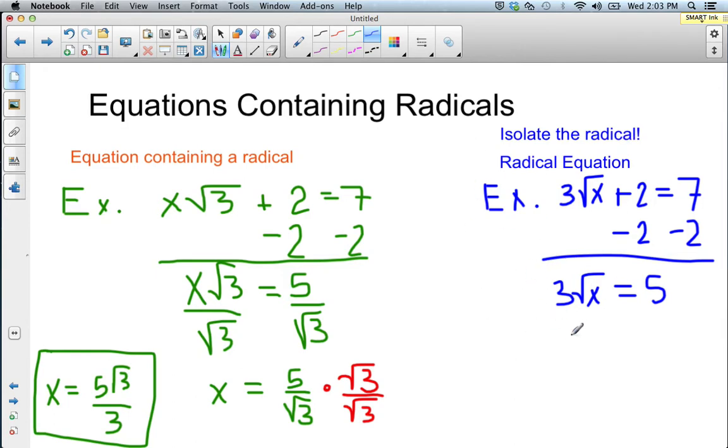You can go one step further and isolate the radical, or you can go ahead and square now. I'm going to go one step further. I'm going to finish getting it by itself. Divide by 3, divide by 3. These cancel. And so we have square root of x equals 5 over 3.